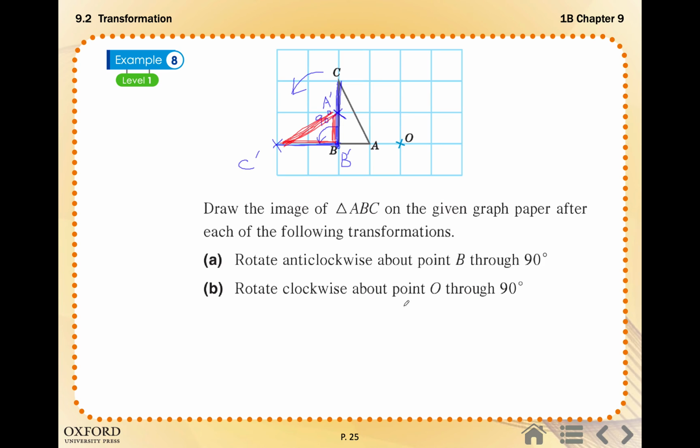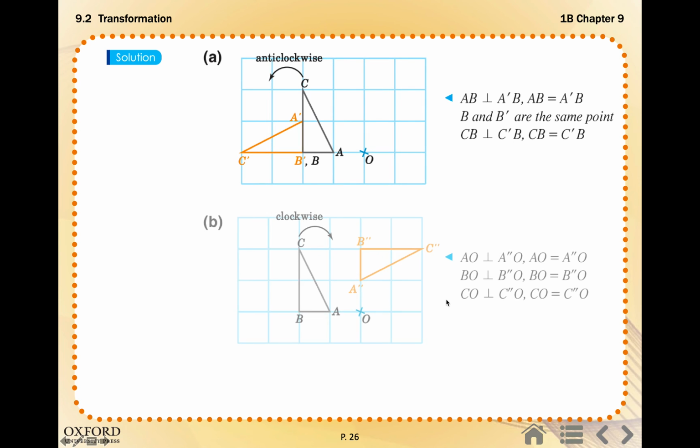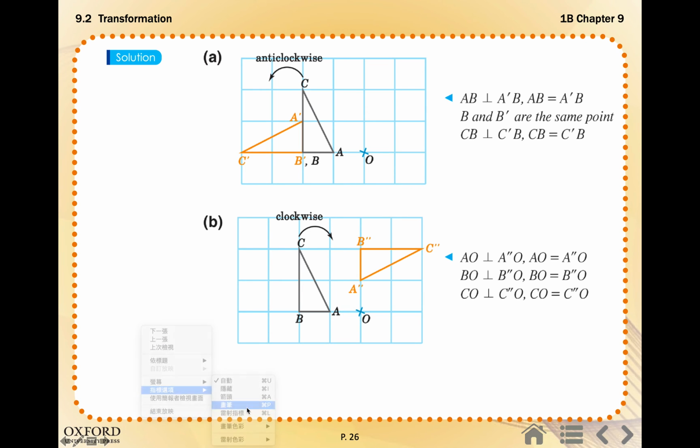And then for part B, actually do the same, but now the fixed point is changed. The fixed point is O. So I may use the next slide to explain about this. Now, you know that for part B, O is the fixed point.